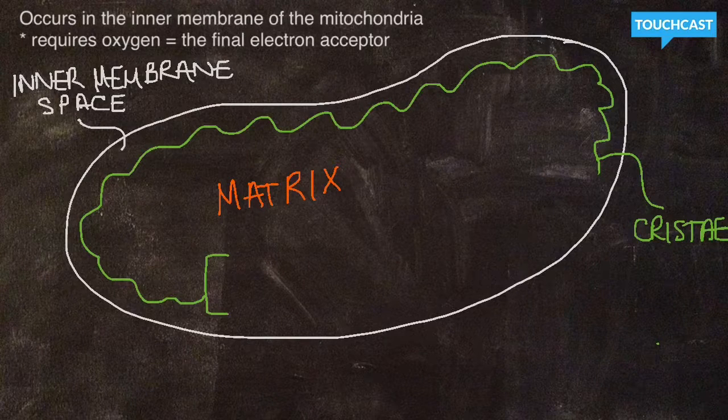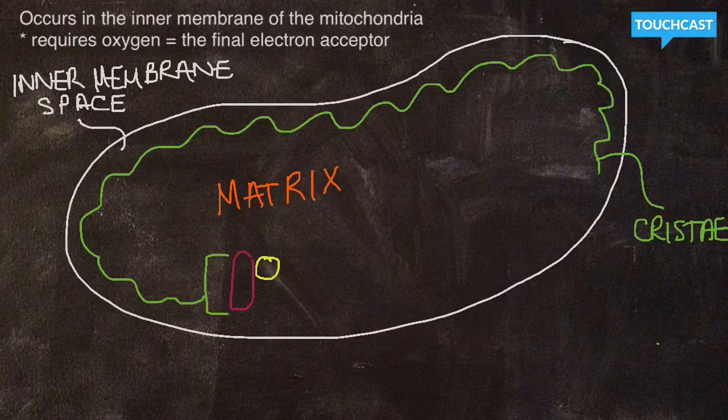The enzymes that are involved here are called cytochromes, and you don't actually have to know their names, but I'm going to go ahead and draw them in here. You've got your first cytochrome, which is technically called NADH reductase, and then you've got another one which is going to be responsible for picking up your FADH2 molecules.